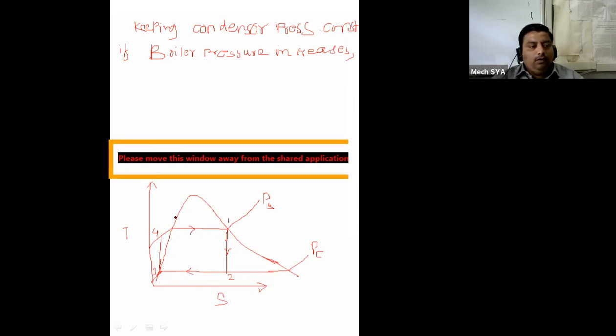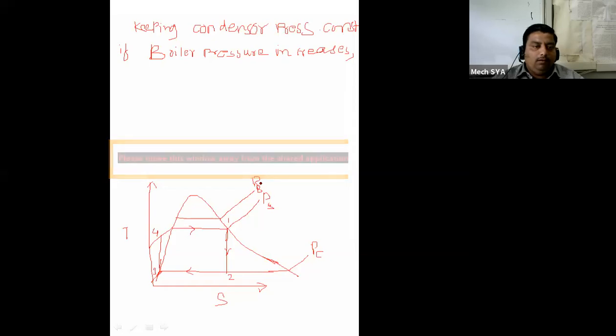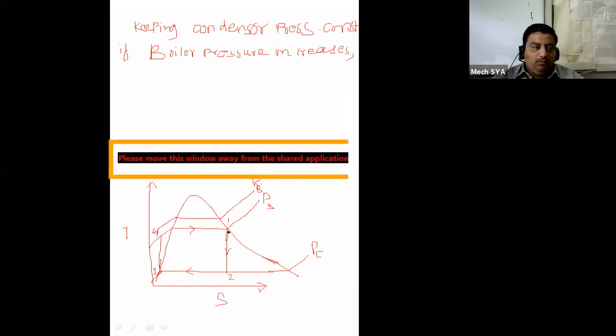If we increase the boiler pressure, we'll go for a new boiler pressure, therefore PB dash. So what will happen? This point 1 will be different from the original or initial Rankine cycle polygon.